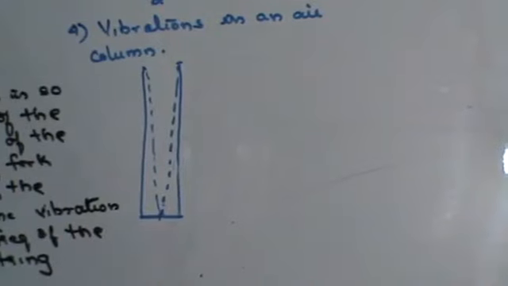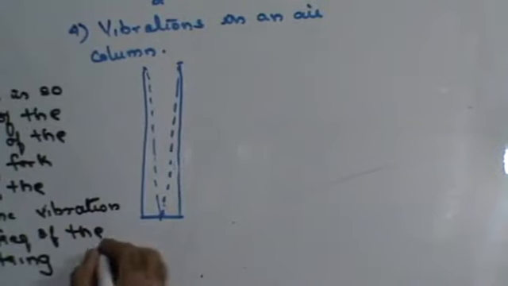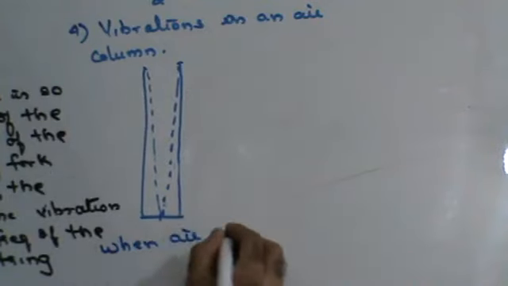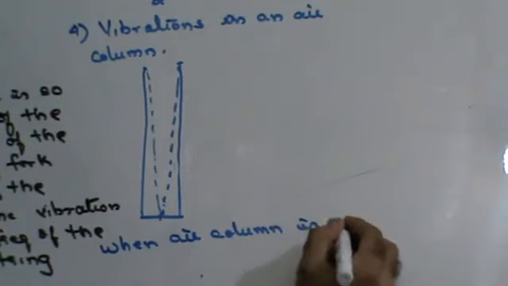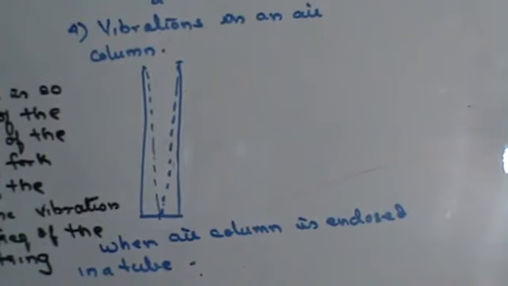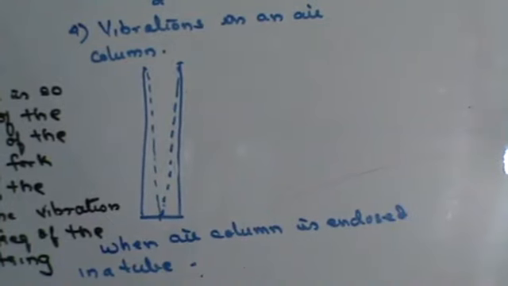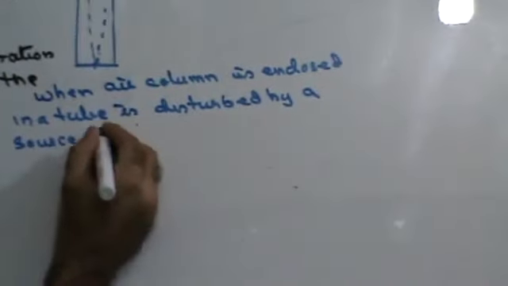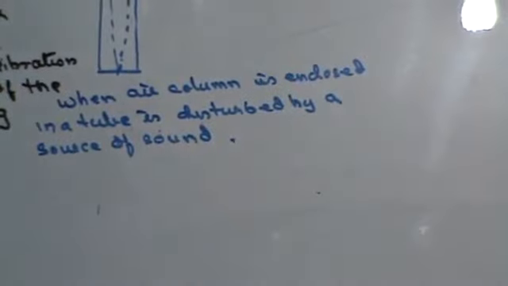Now, when the air column is enclosed in a tube, this is your tube in which the air column has been enclosed, and is disturbed by a source of sound, you already have some air inside, right?